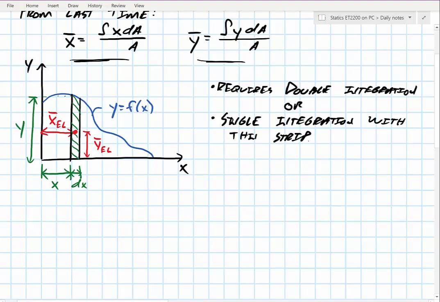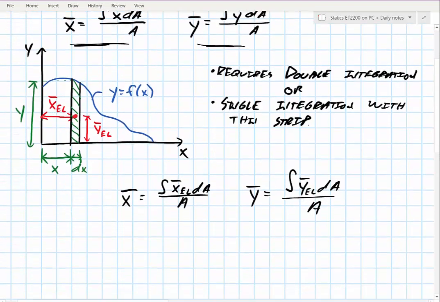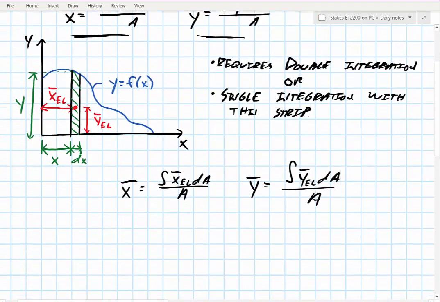If we look up at our equations we derived last time, the x bar would be equal to the integral of my x bar of this element dA over the total area, and the y bar would be equal to the integral of my y bar of the element dA over the total area. The only thing I've really done here is replaced that x and y with x and y of the element. Let's take a look at that element in particular and define some of these things.